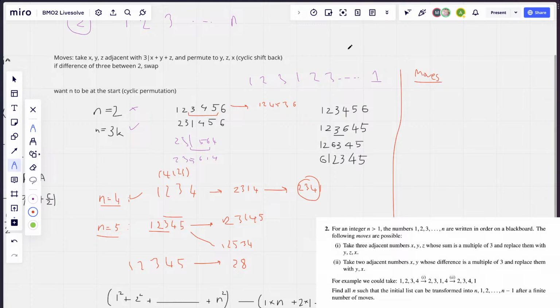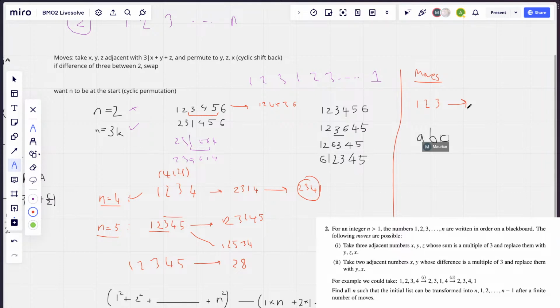Okay, so we've got 1, 2, 3 on a block of 3, and that goes to, well, it has to be in any position, right? I think we could probably just brute force and check. Hang on, doesn't have to be.